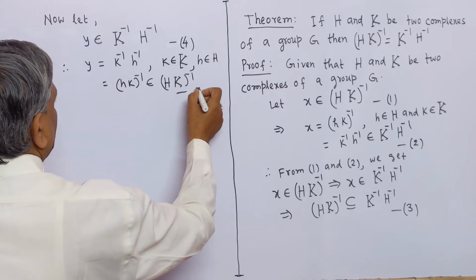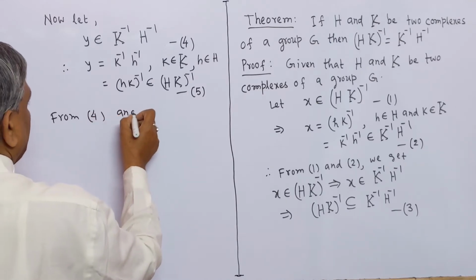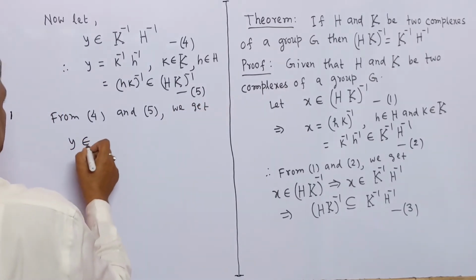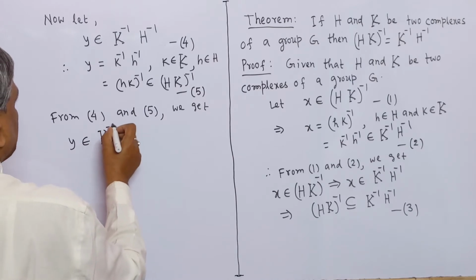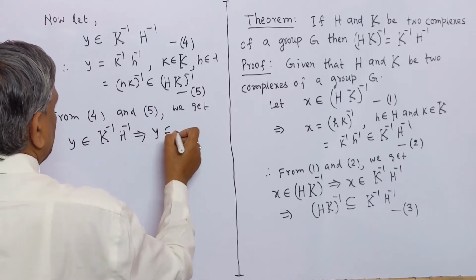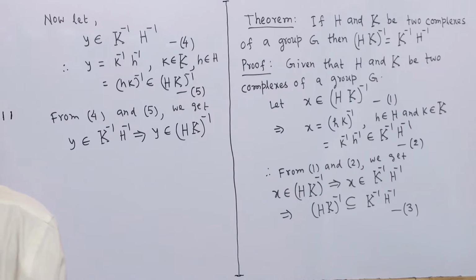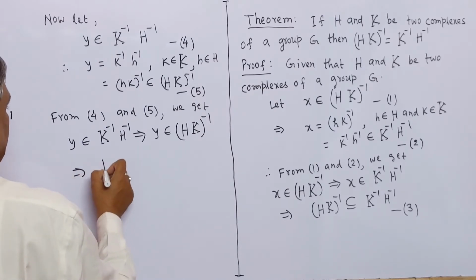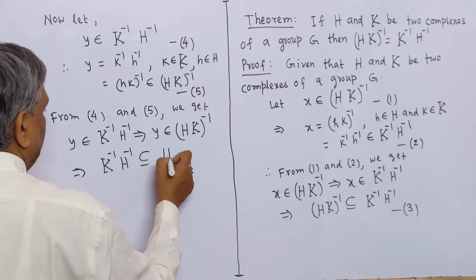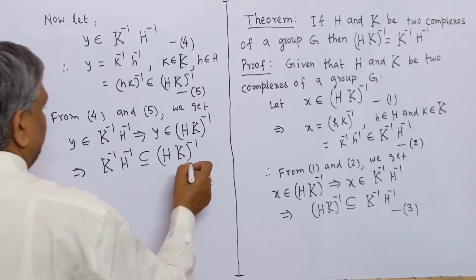This is number 5. From 4 and 5, we get Y belongs to K inverse H inverse implies that Y belongs to (HK) whole inverse, implies that K inverse H inverse is a subset of (HK) whole inverse. This is number 6.